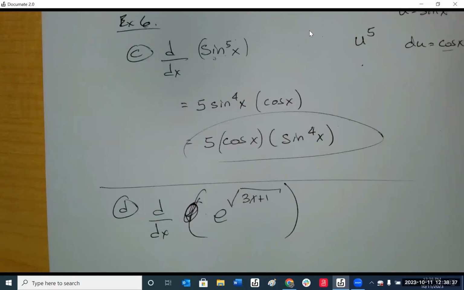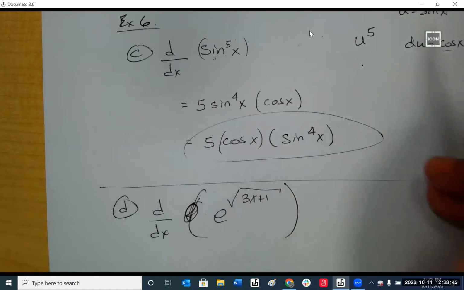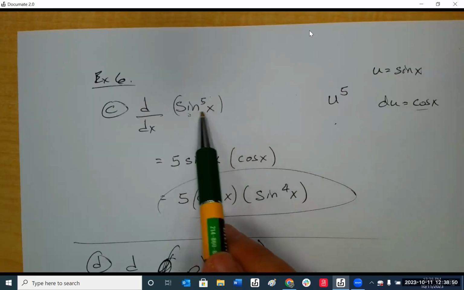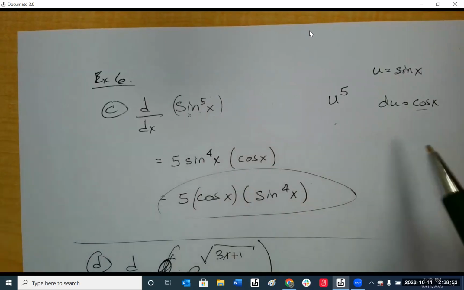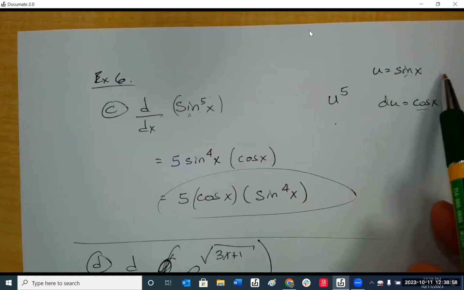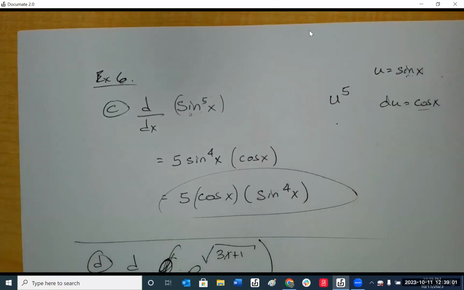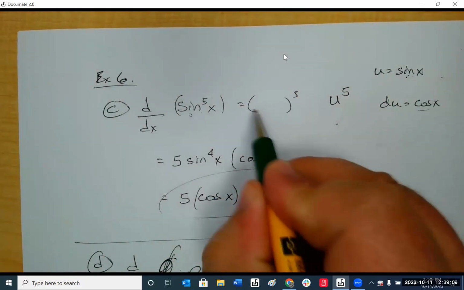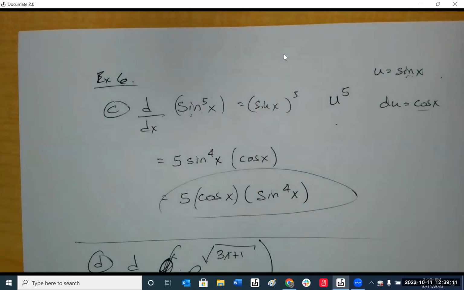You use sin x for your u, right? My u is sine x. Because x belongs to the sine function, u cannot be just sine. It has to be a sine with respect to your argument, which is u. So that's pretty much what I have.